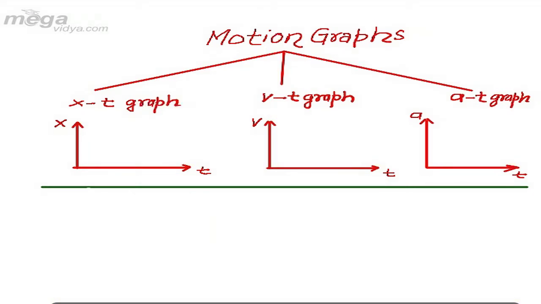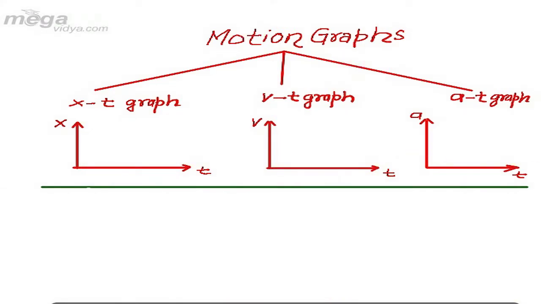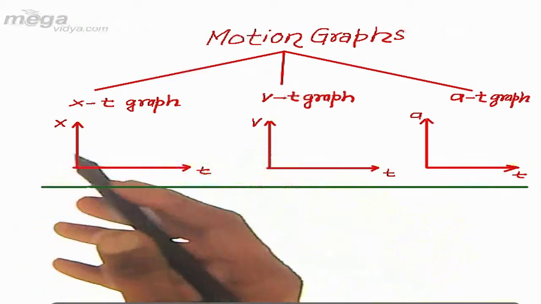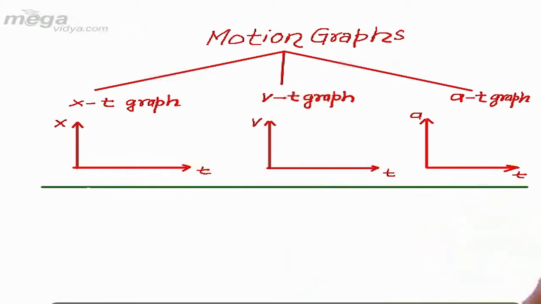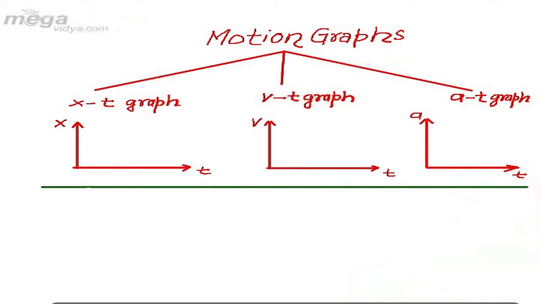I am talking here about these three graphs. In general, for different cases, first I will draw these graphs. Displacement time graph means position time graph, velocity time graph, and acceleration time graph. We will take an overview of these graphs first, then we will discuss separately all these three graphs.